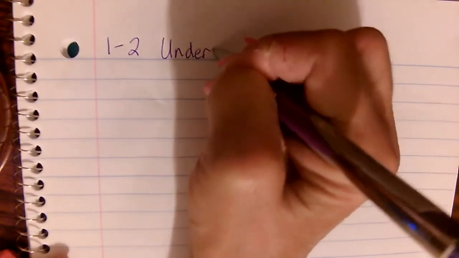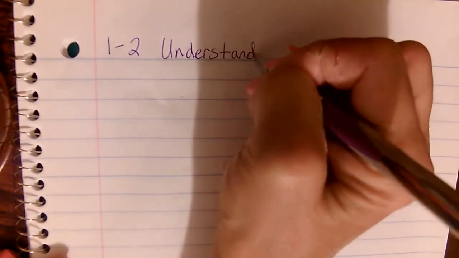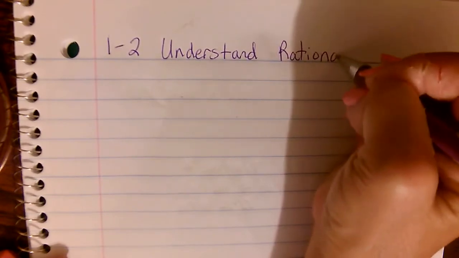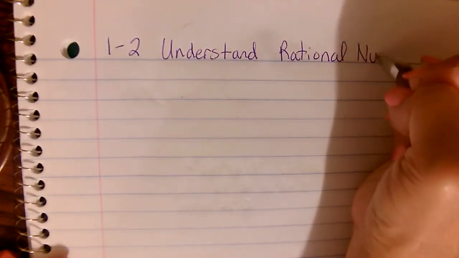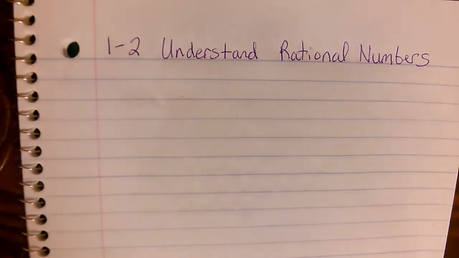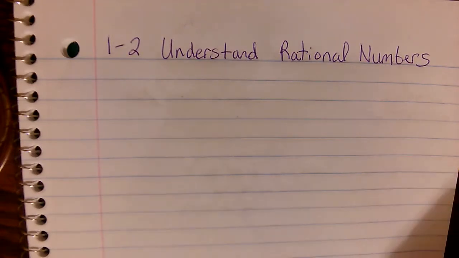understand rational numbers. We'll start with some little details which include the first section called terminating decimals.